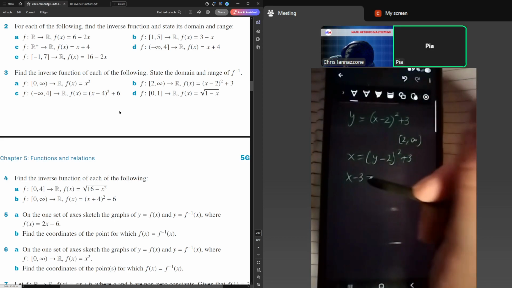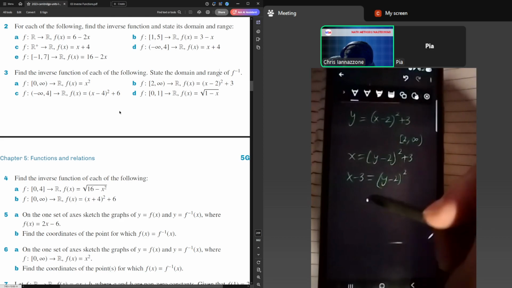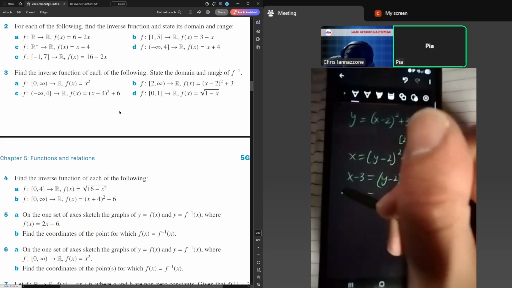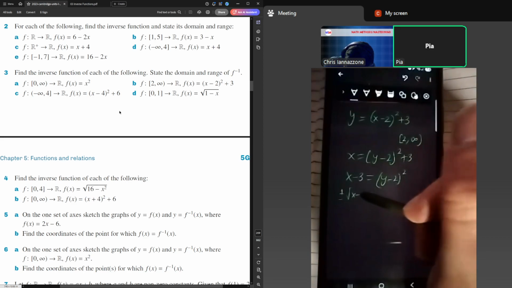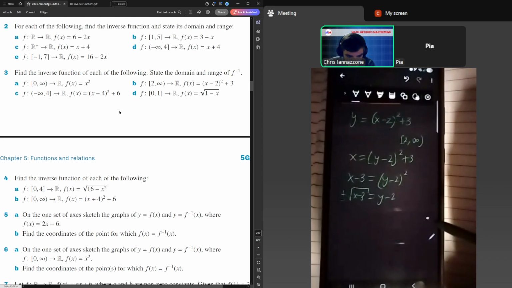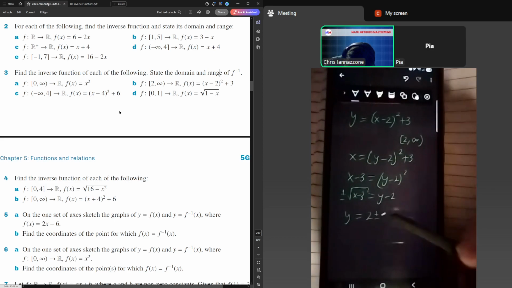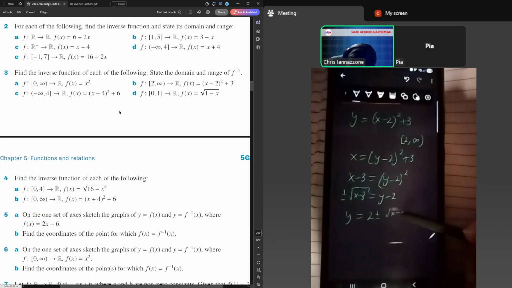Yep, x minus 3. What else? And then we square root both sides. Yep. It's y minus 2. And then just add the 2. That's it. y equals 2 plus minus the square root of x minus 3.